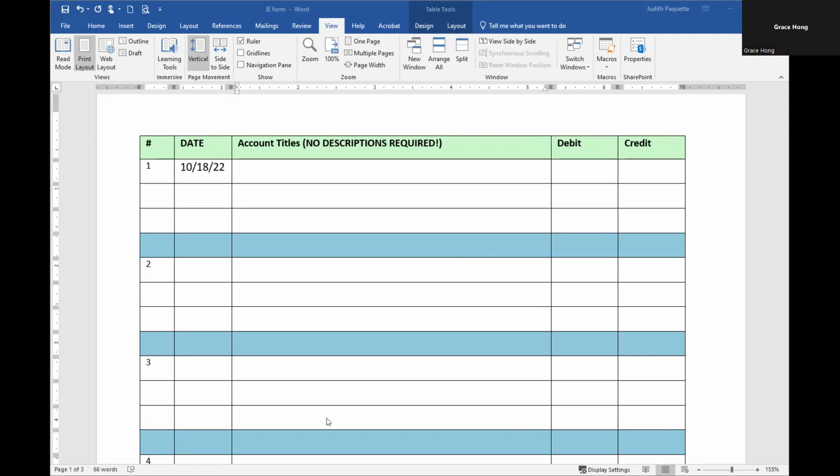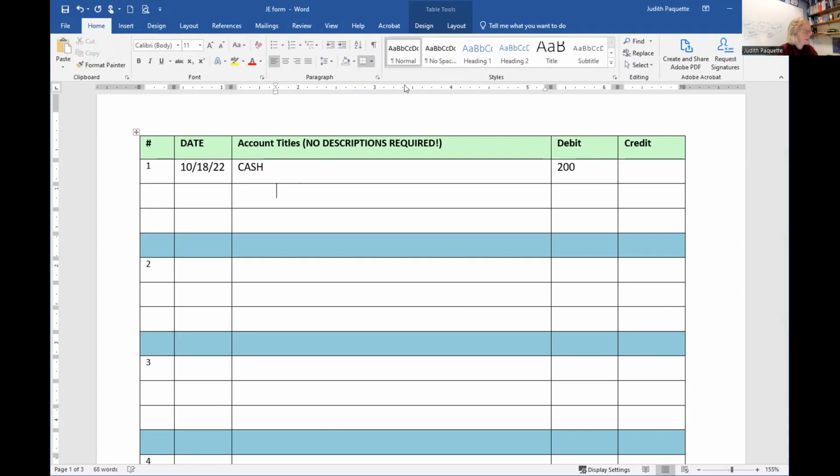Cash debit. Okay, so we would say cash, and let's just say $200, and then Go revenue would be 200. Oh, not 2,000. All right, you guys all see that? So debit to cash, credit to Go revenue.